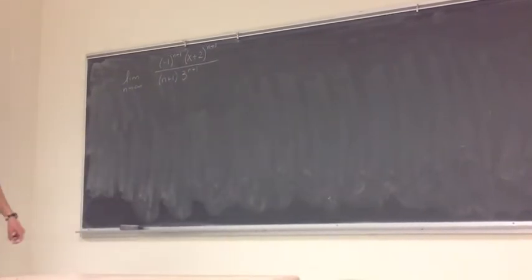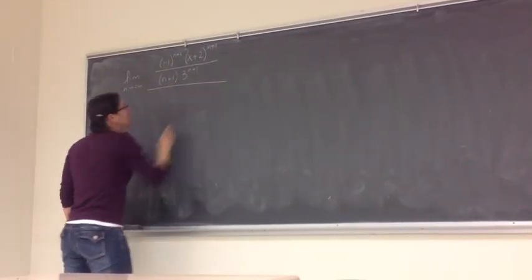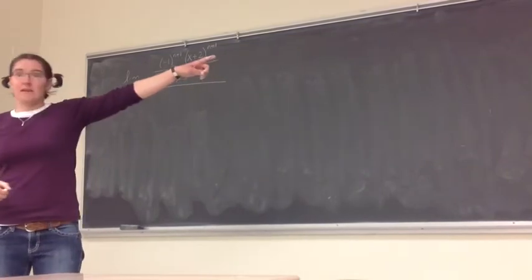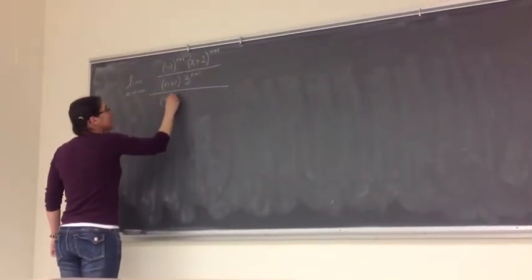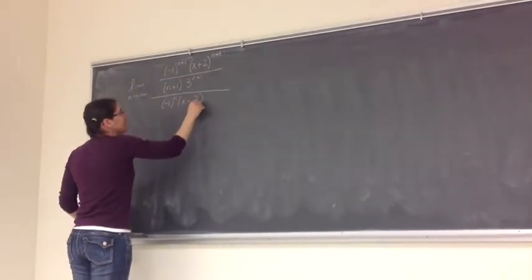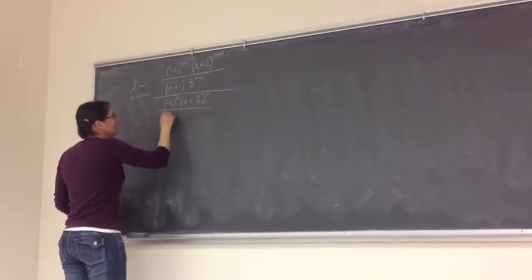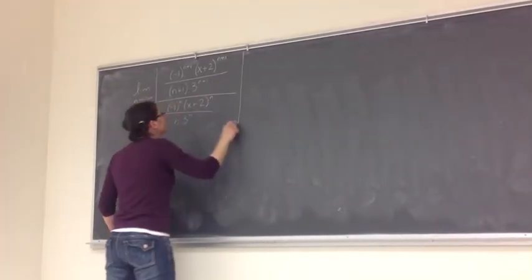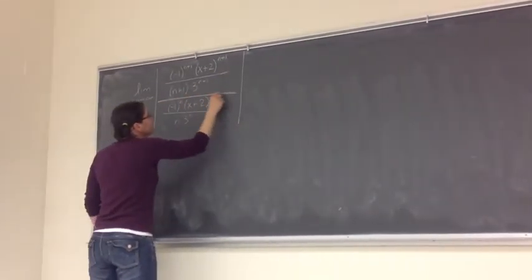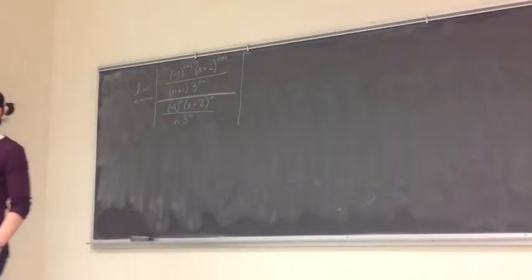I'm going to divide that by the entire term, exactly copied as is. So we have negative 1 to the n times x plus 2 to the n over n times 3 to the n.